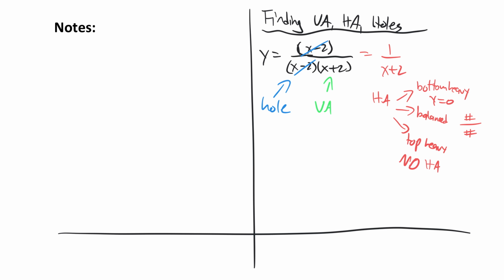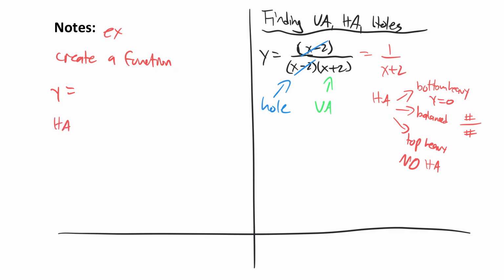And using that, we should be able to identify all of our different properties that we need for sketching these rational functions. Now, just for a nice example here, we could reverse this problem. So why don't you go ahead and create a function? So your goal here will be to create a function, in other words, a y equals, and I want it to have the following properties.